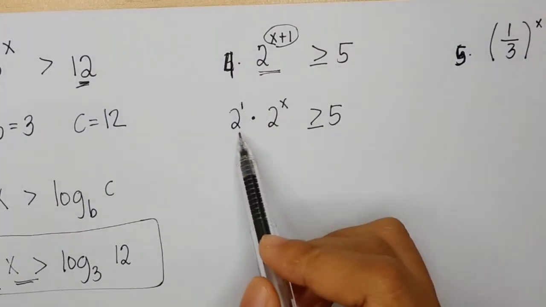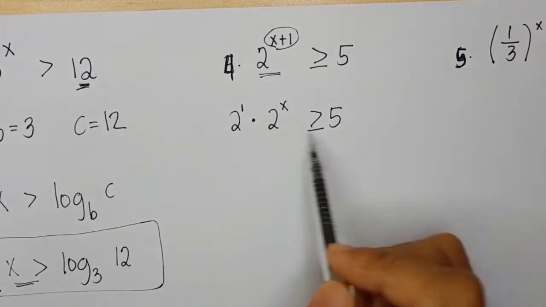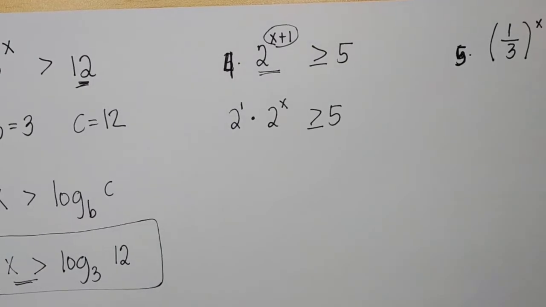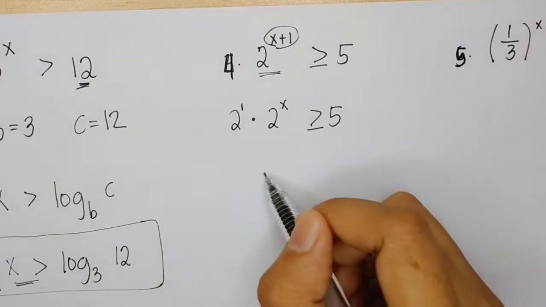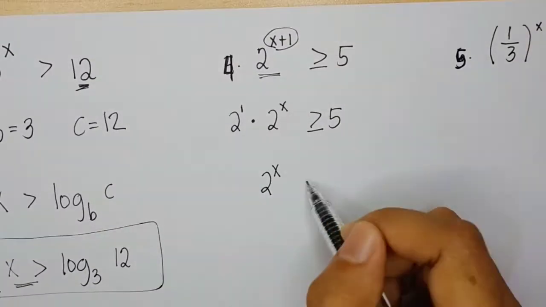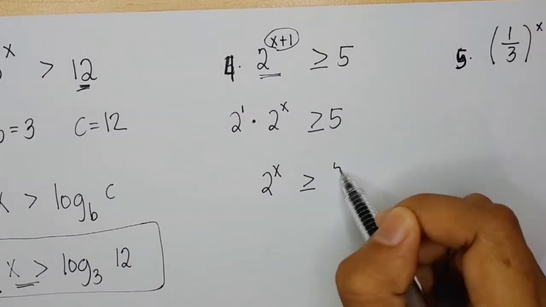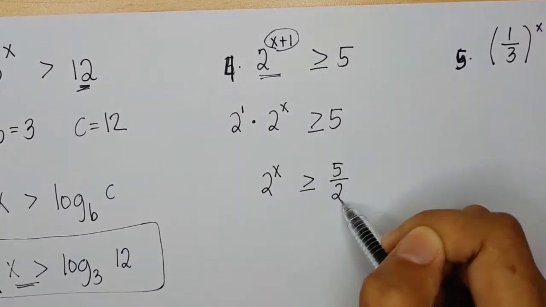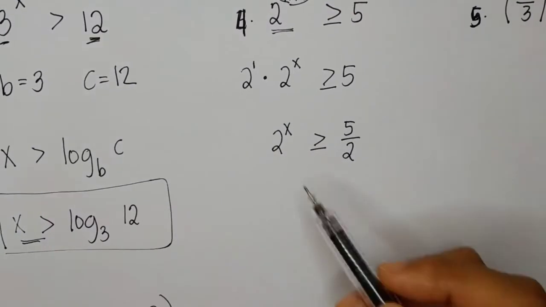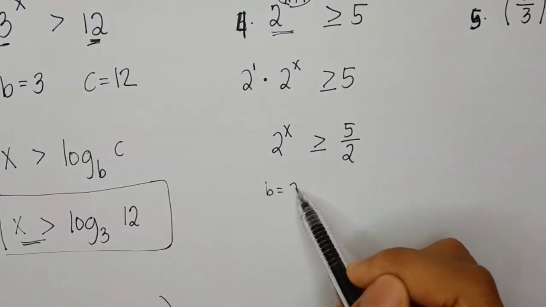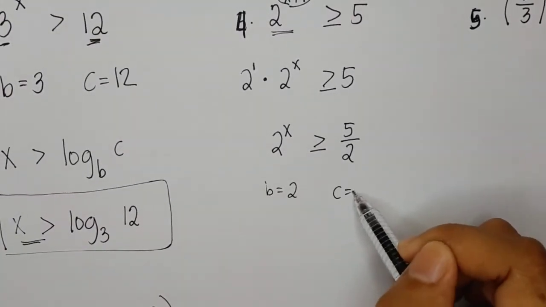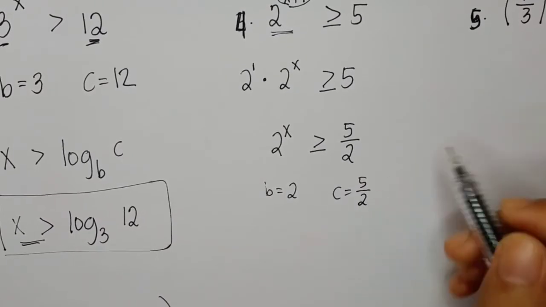Okay. So, since may 2 dito, we can divide the whole inequality by 2. So, this will be 2 to the power of x is greater than or equal to 5 over 2. Okay, so now, meron na tayong b. Yung b natin is equal to 2. Yung c natin is 5 over 2.